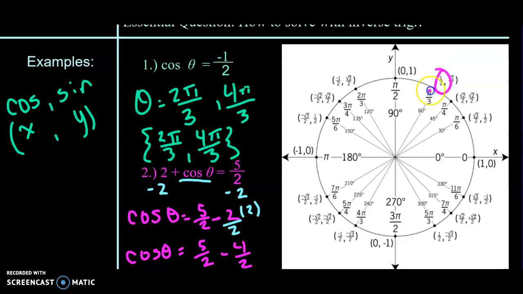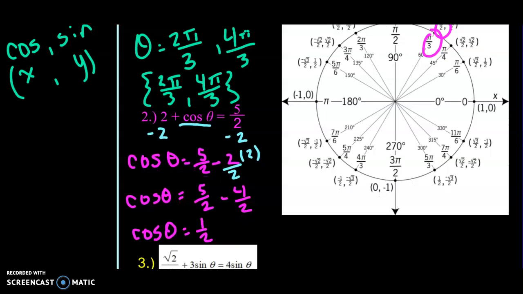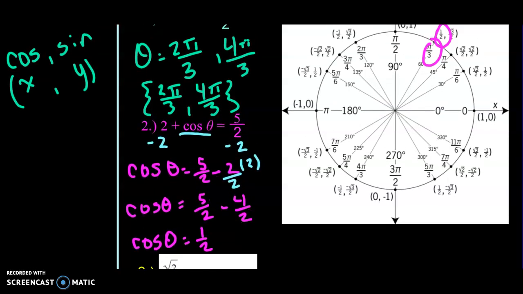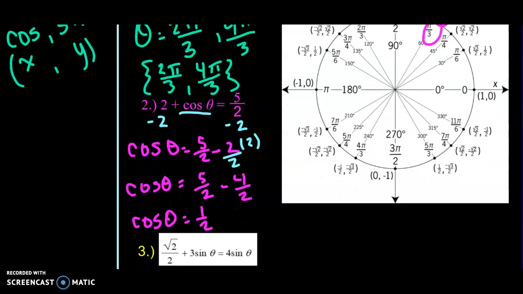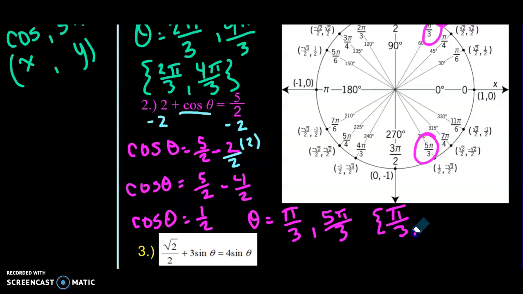So it's pi over 3. And where's the other place where cosine is positive 1/2? At 5 pi over 3. So my angle theta is pi over 3 and 5 pi over 3. I have to write both solutions. Or again, we could write it as a set: pi over 3, 5 pi over 3.